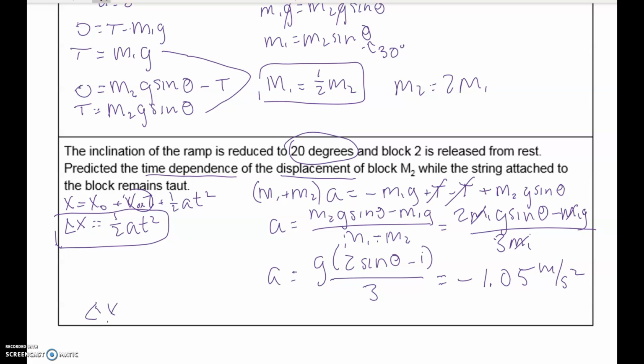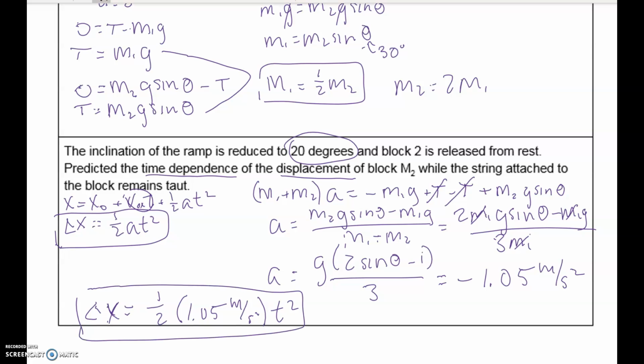So my displacement is going to be equal to 1/2 times this acceleration, 1.05 meters per second squared, times t squared. You can take 1.05 and divide it by 2 and have that. That's fine, but I'm going to leave my answer as is. So here we have an expression for displacement in terms of time to show that it's time dependent.